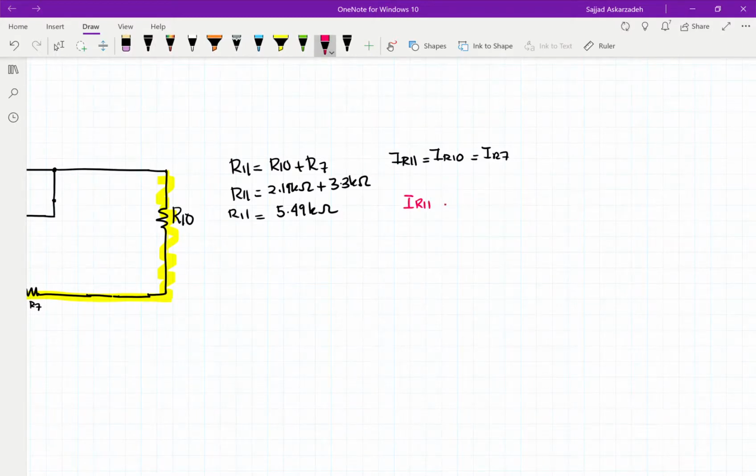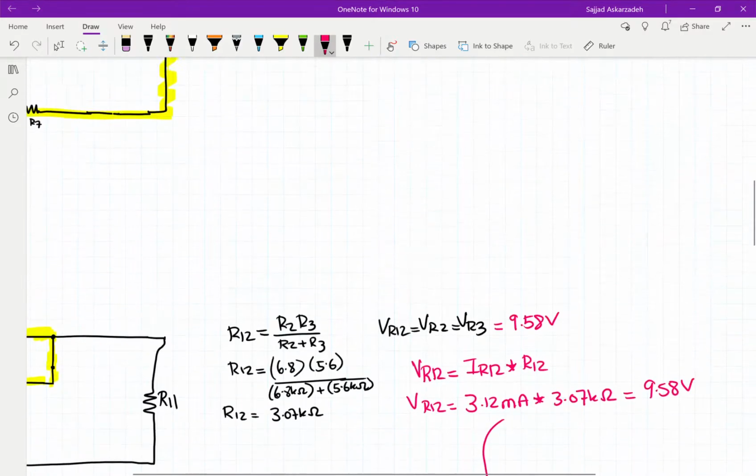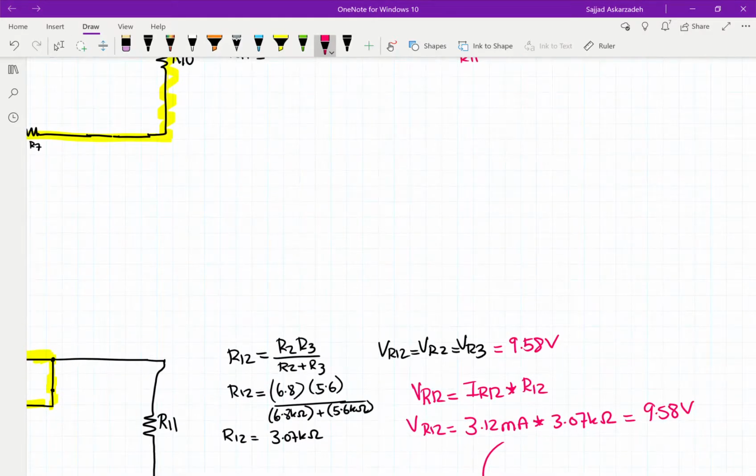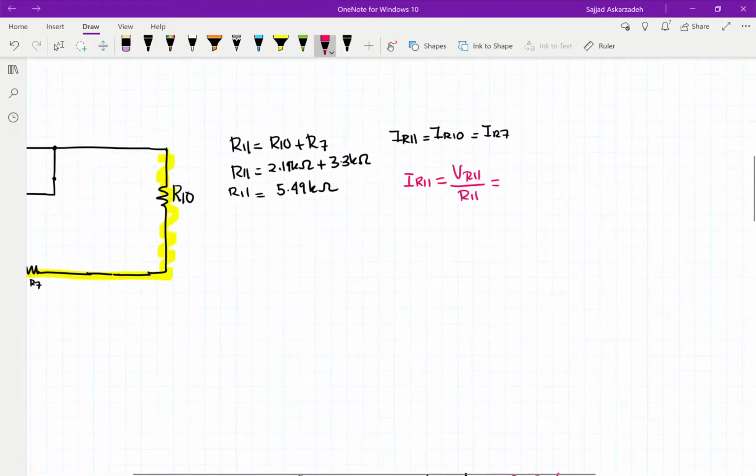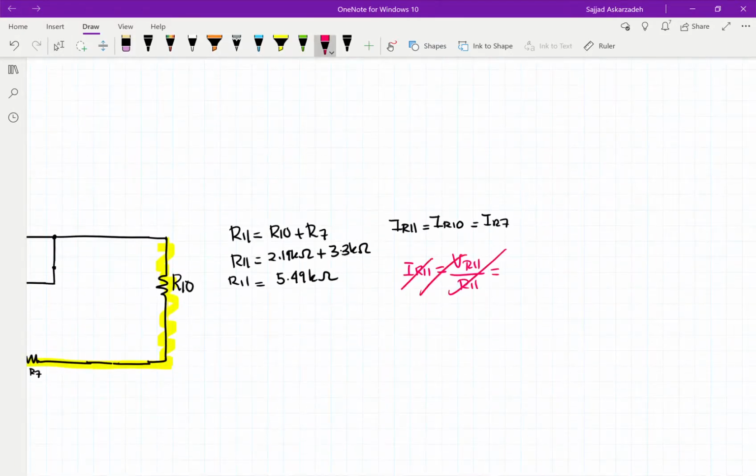IR11 is equal to VR11 divided by R11. So, do we have VR11 here? No. Do we have IR11? Oh, we do. We already have what IR11 is. It's the same current as this, so we don't have to do this. We can just go ahead and write down 3.12 milliamps. Easy.